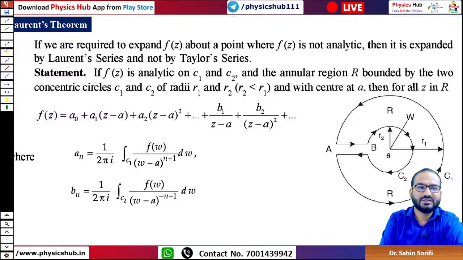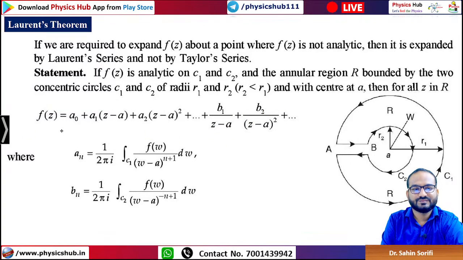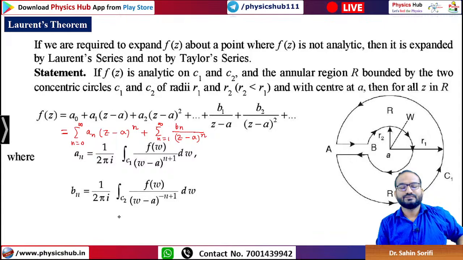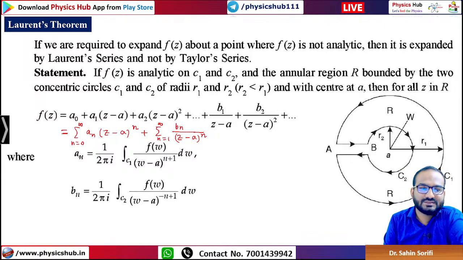So this is the formula we gave you on the last day. This is your summation n equals 0 to infinity a_n (z minus a) to the power n, plus summation n equals 1 to infinity b_n by (z minus a) to the power n, where a_n is equal to 1 by 2 pi i integration over the outer circle.